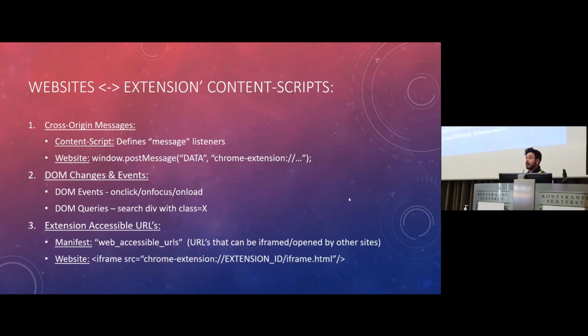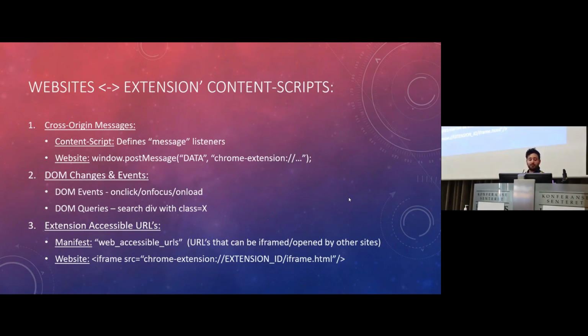The content script can introspect these changes as well. The last thing I'll speak with you about is the accessible URLs. The accessible URLs are internal URLs inside the Chrome extension itself, which are exposed to the websites, to the users. You can see an example here.